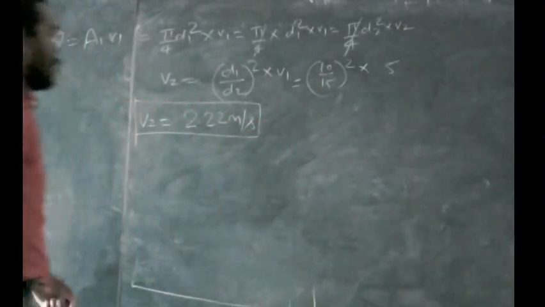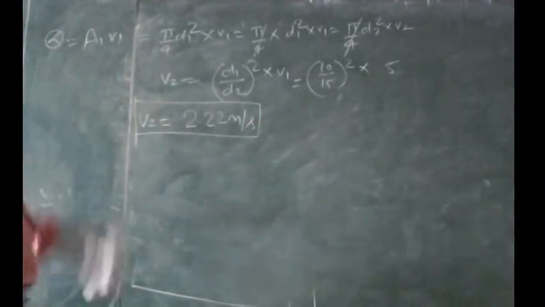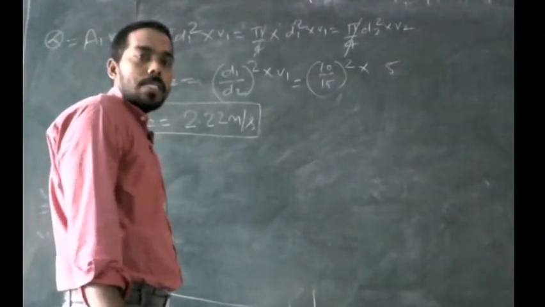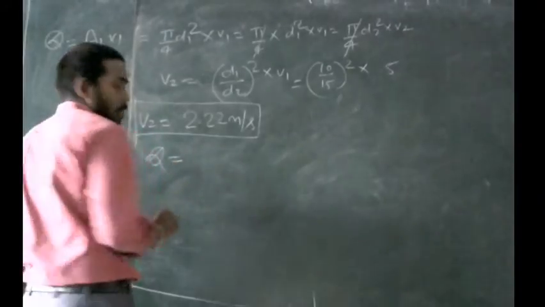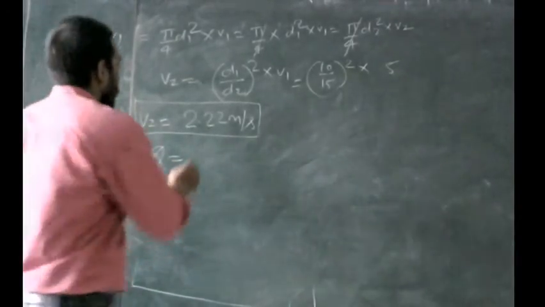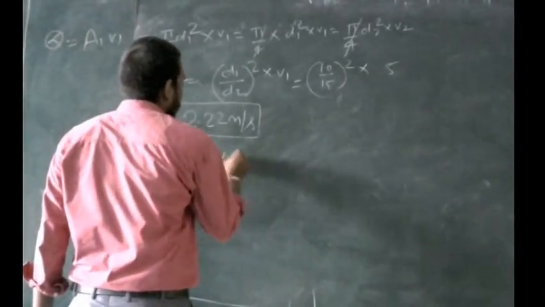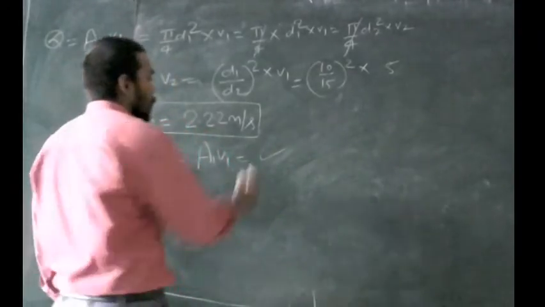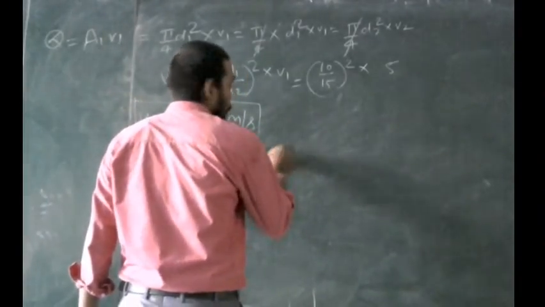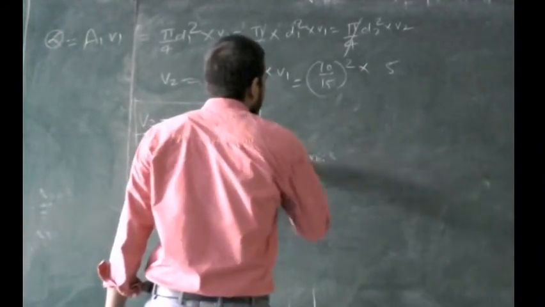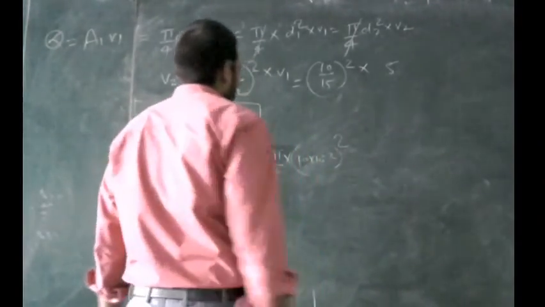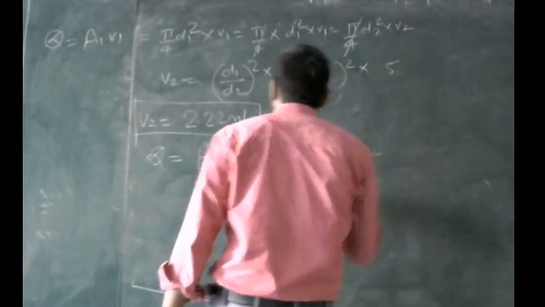Then discharge can be found from A1 V1 or A2 V2. We can find it from either. Discharge equal to A1 V1. Find it from here. How much will it be? Pi by 4 into 10 into 10 power minus 2, the whole square, into 5.